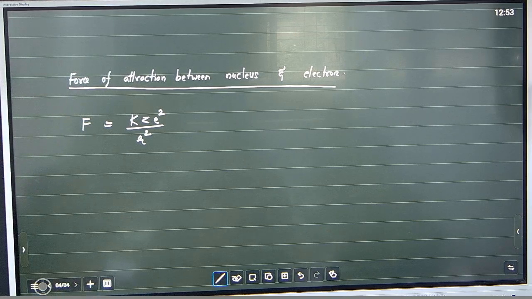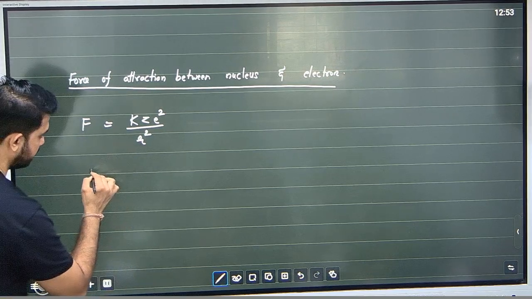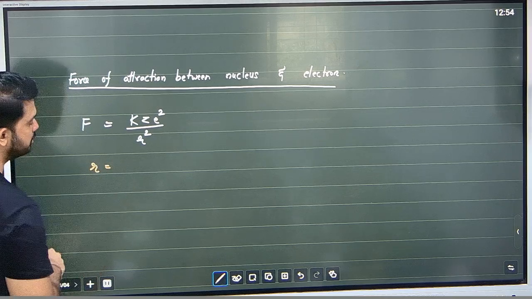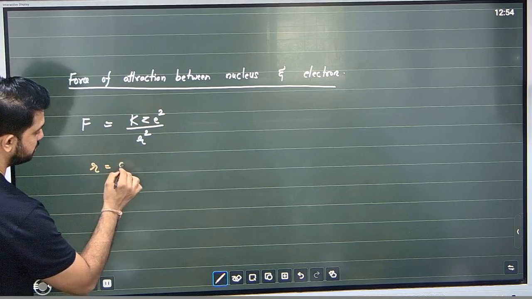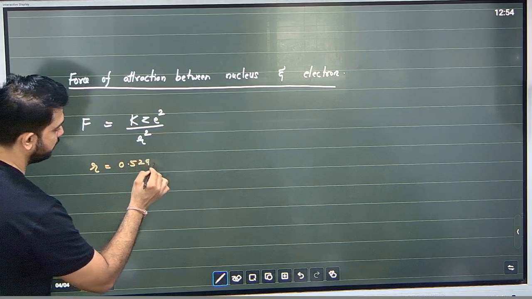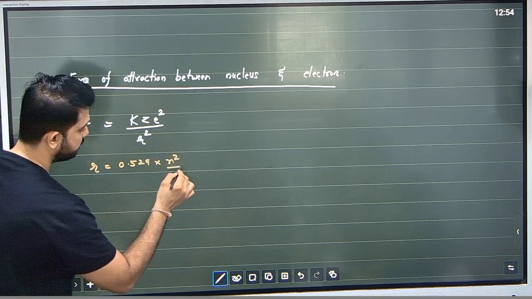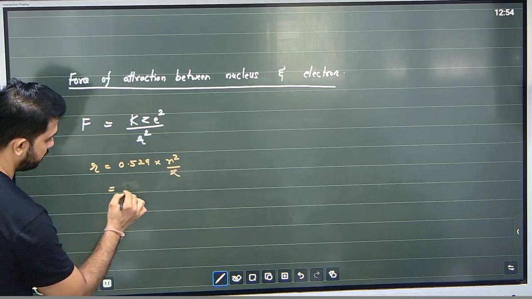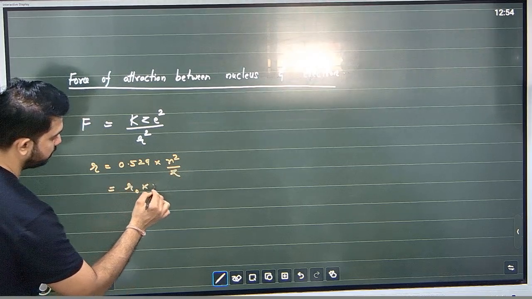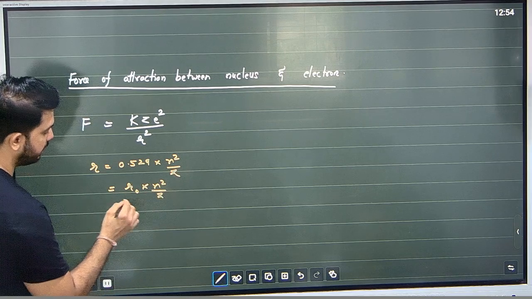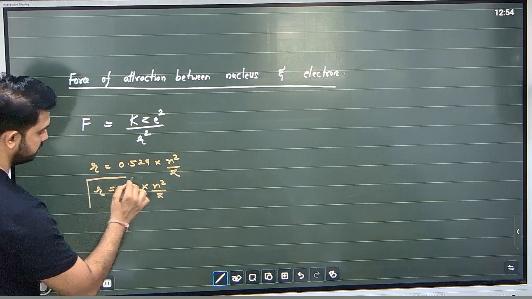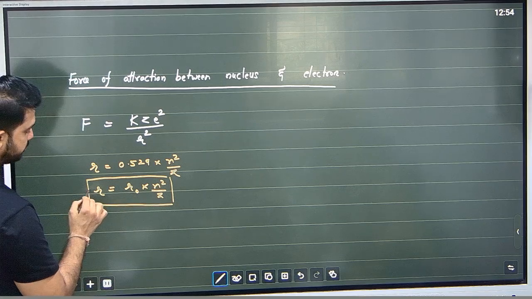That was the force of attraction between nucleus and electron. What is the expression for r? r is equal to 0.529 into n square by z, or r naught into n square by z. Substitute that here.